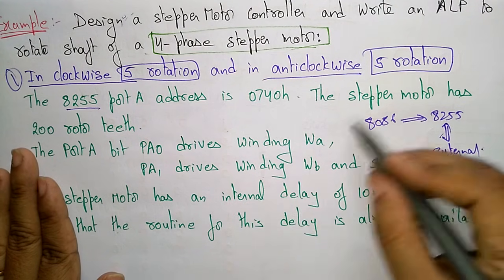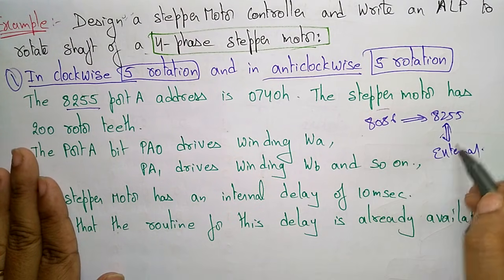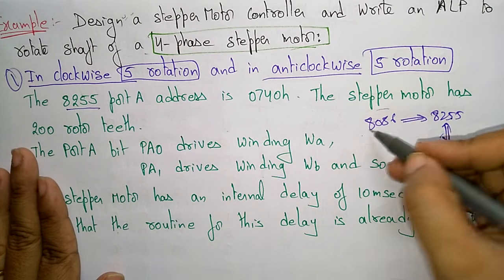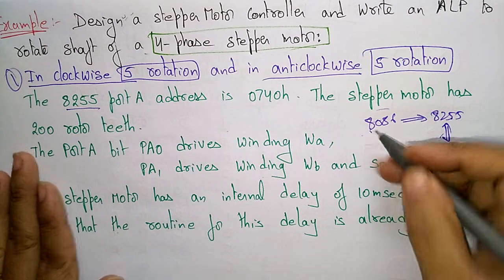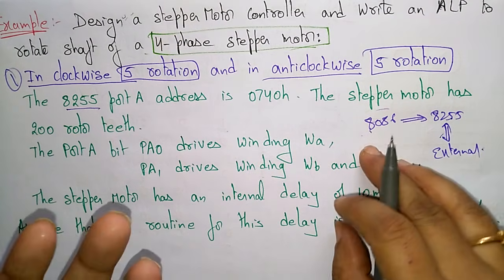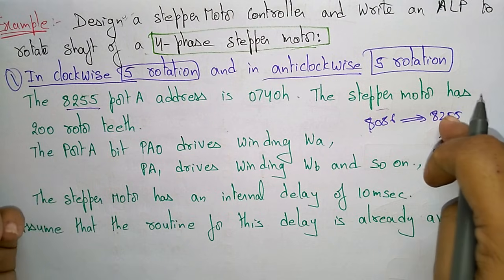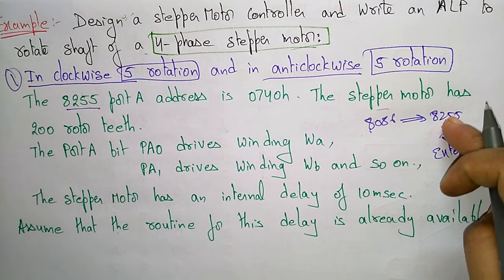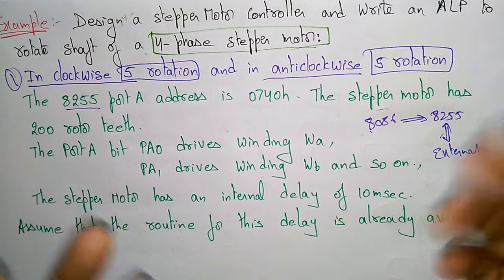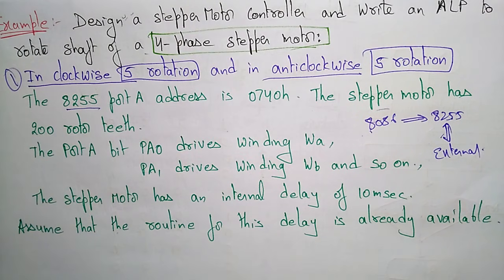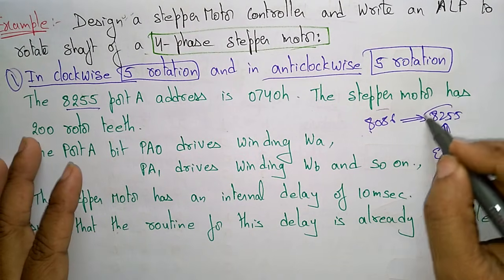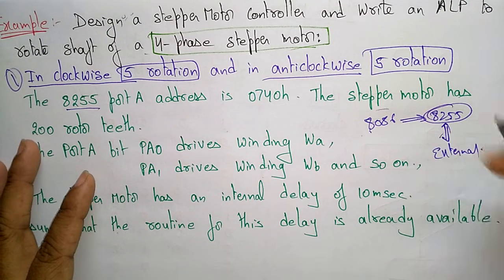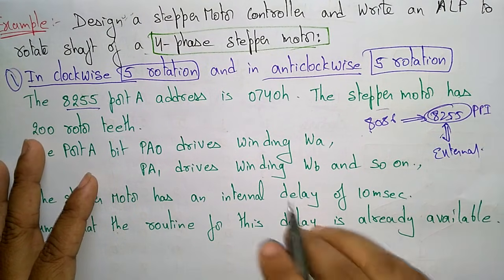Suppose if you want to meet the PM, first you have to meet the secretary. Then only the secretary will intimate that information to the PM. Just like that, if you want to meet the principal, first you have to ask the peon whether the principal is free or not. So it is acting as a mediator, this 8255. That is a programmable peripheral interface.